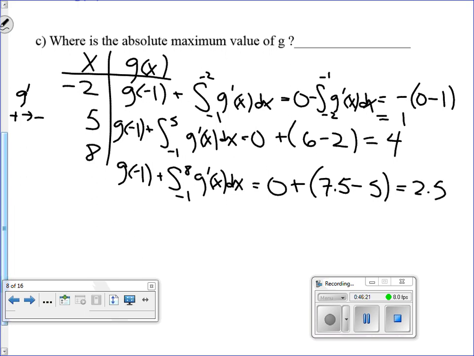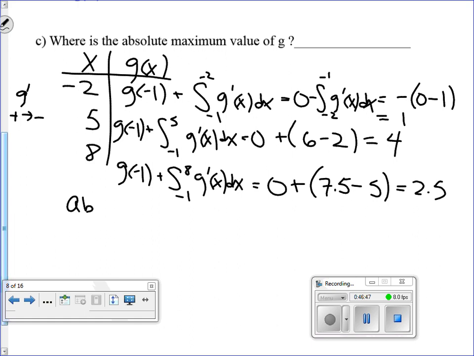Okay, so now you have the y values of this function that you really can't see at the endpoints and where the derivative changes from positive to negative. So we're looking for the absolute max, so we compare the values, 1, 4, 2.5. The greatest of these is 4, so the absolute max is 4, and it occurs at x equals 5. They just said where is it, so you only have to give the x value.